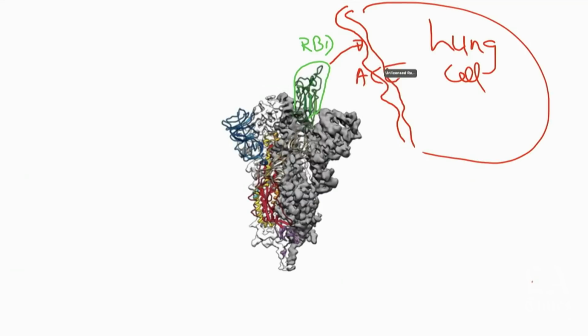So the idea of how this works is a virus comes, hits this ACE receptor, takes its RBD, and enters into the cell, and you get infected. So you now have an infection, and this virus then uses the cell to grow and replicate.